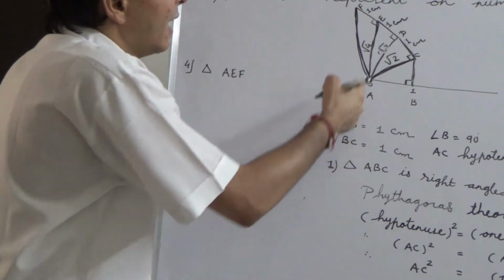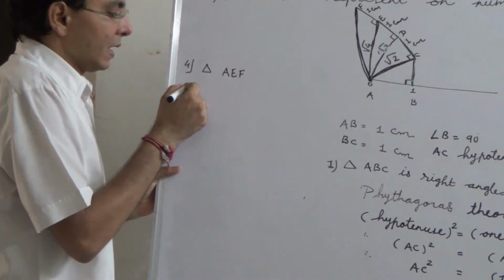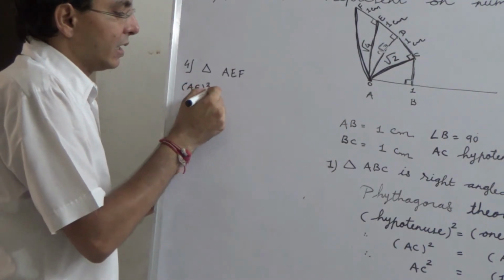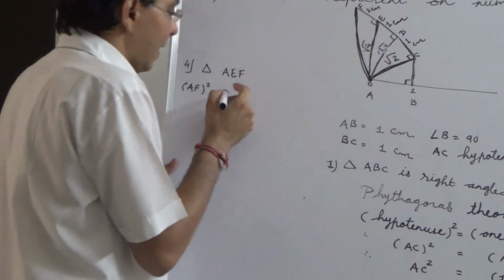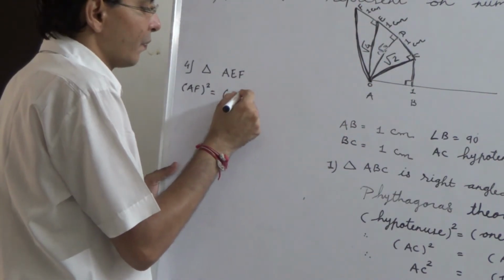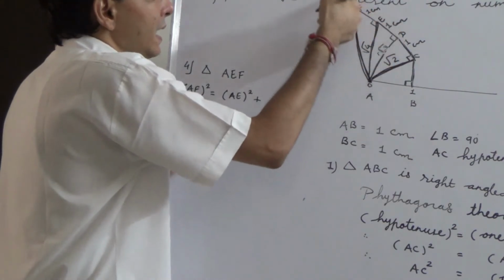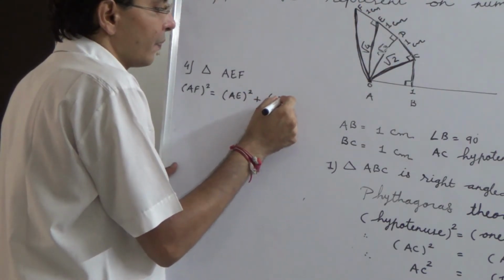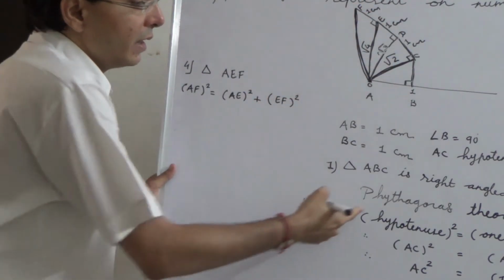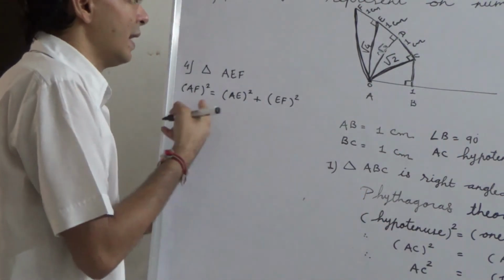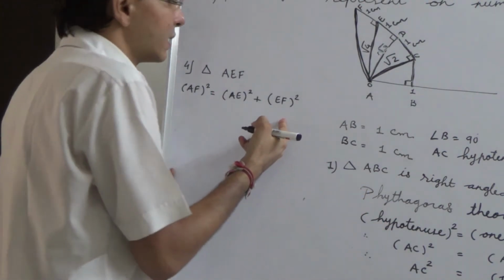So hypotenuse AF square is equal to AE square plus EF square. The rule here is the Pythagoras theorem: hypotenuse square is equal to one side square plus another side square.